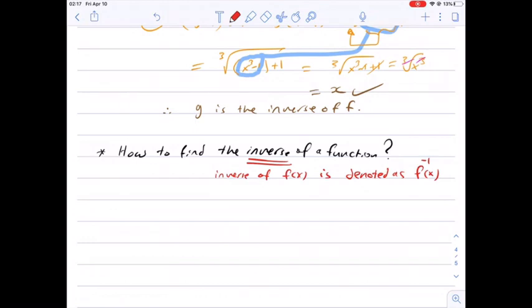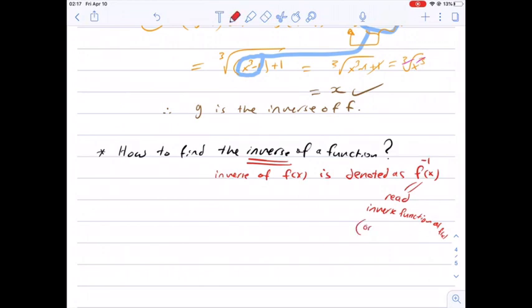This is not negative 1 actually. We write it as negative 1, f negative 1 of x, but it's read as the inverse of f of x, or inverse function of f of x, or f inverse.